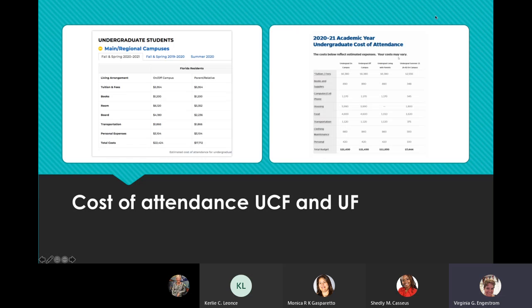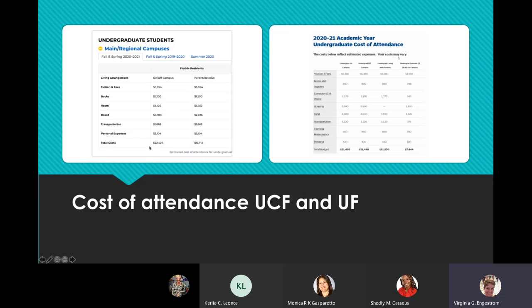All right, so these are the two costs of attendance that I pulled for you to take a look. This is UCF. So you have tuition and fees, books, room, board. Board means food. That can be a meal plan, as a board. So it all means food. And then transportation, personal expenses, and there we go.